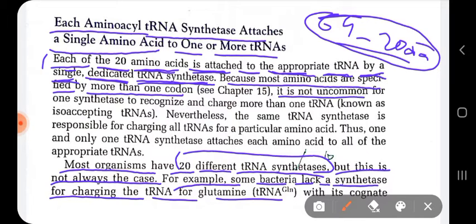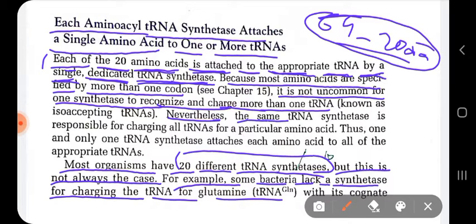It is not uncommon for one synthetase to recognize and charge more than one tRNA. So it is saying that there will be a single dedicated tRNA synthetase which will attach each of the 20 amino acids to the respective tRNA.